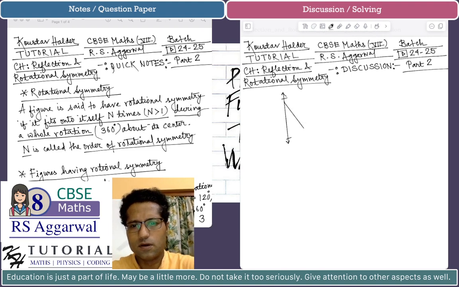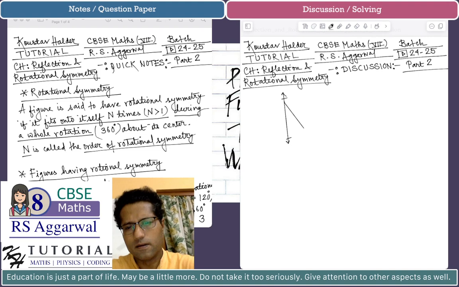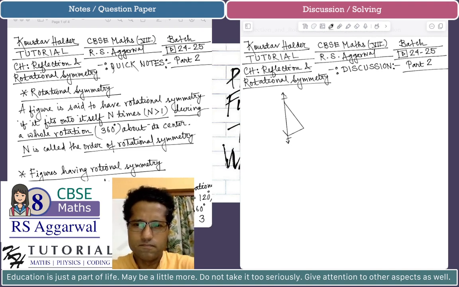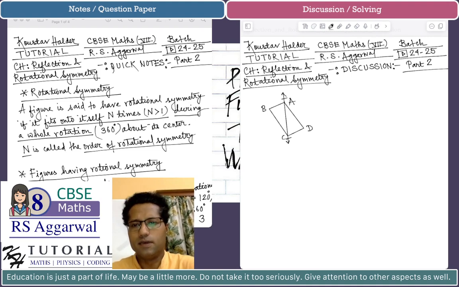I'm not sure how perfectly I will be able to draw. So let's say I have the rectangle ABCD. This is a figure, rectangle ABCD, and I'm considering the diagonal AC as the line of symmetry.